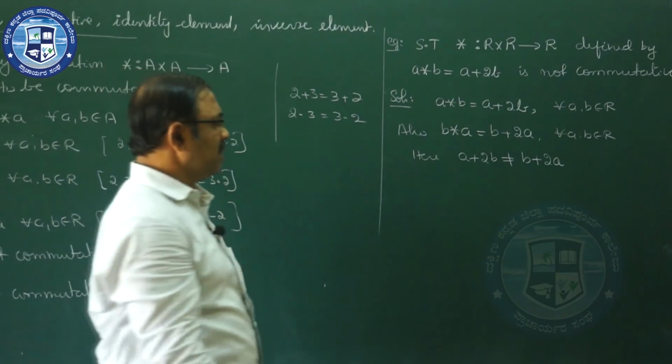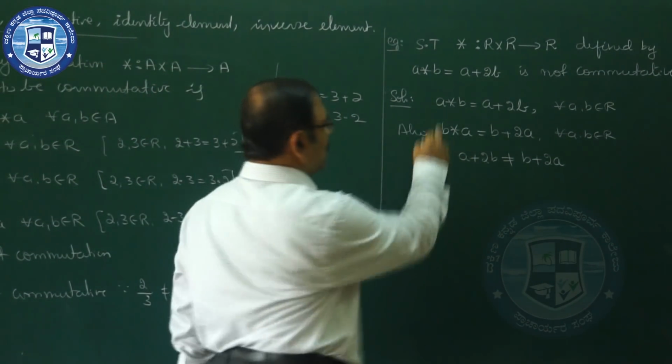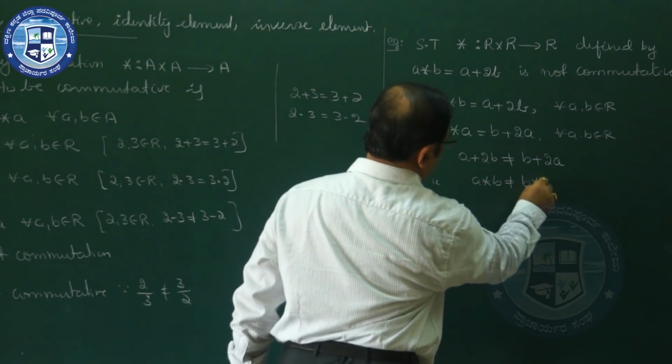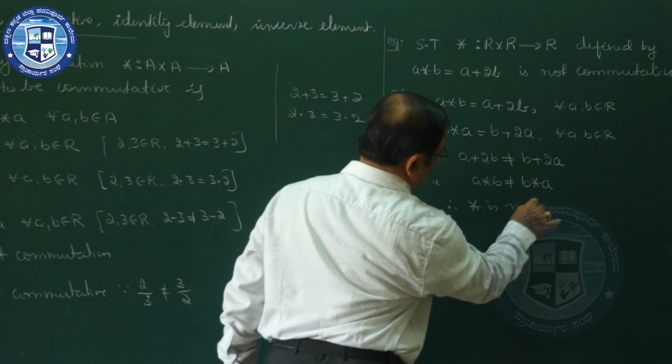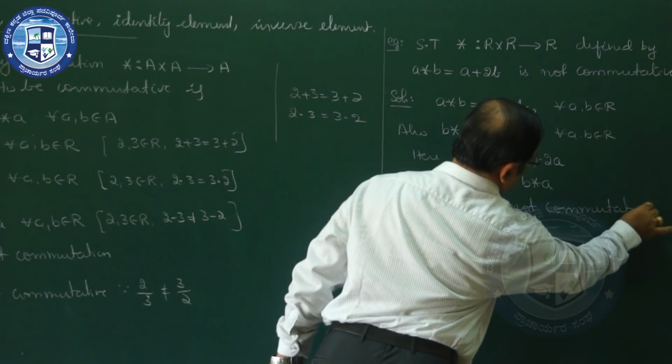They are not equal. That is, A plus 2B is equal to A star B, so not equal to B star A. Therefore, star is not commutative.